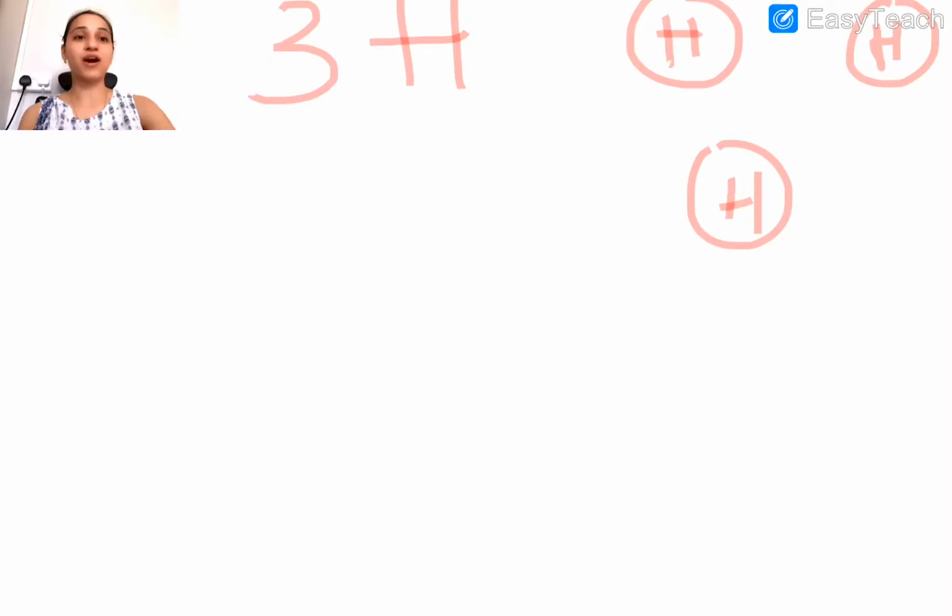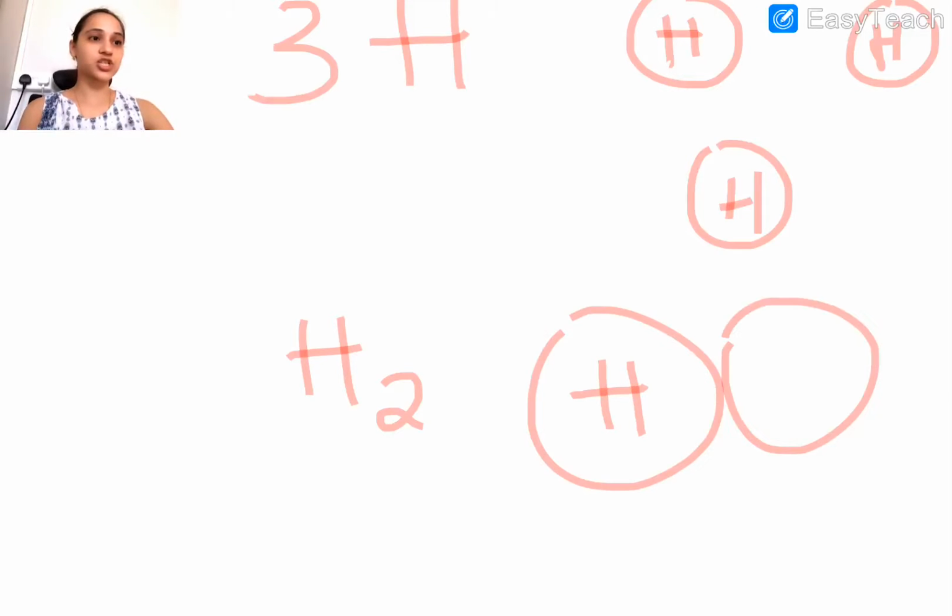But if I write H2, well, H3 does not exist. We'll see the reasons afterwards. If I write H2, it means that H and H are combined together. There is a bond between the H and the other H, kind of a glue together.